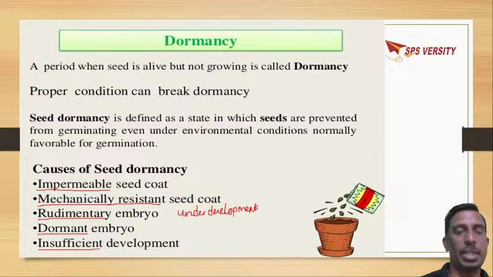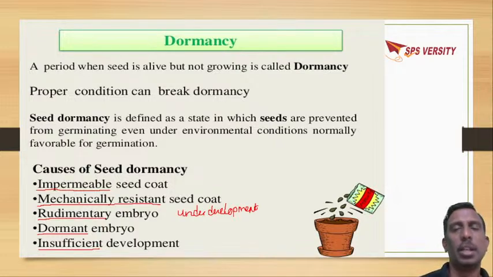This is one method. There are other methods also, like exposure of seeds to cold temperature, which we call vernalization. Breaking the seed coat, just a small break in the seed coat when the seed coat is very hard and resistant, which will allow the permeability of oxygen, water.